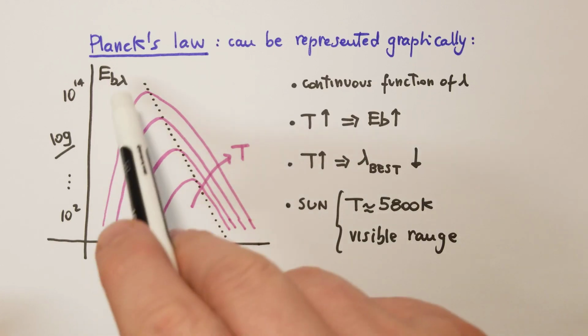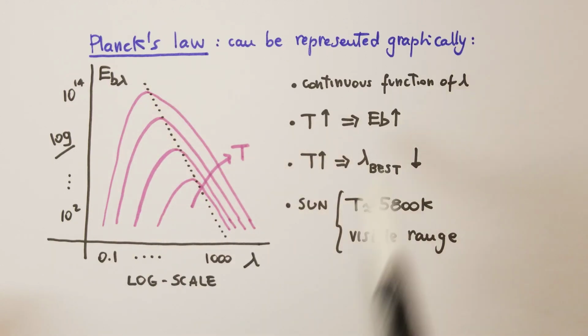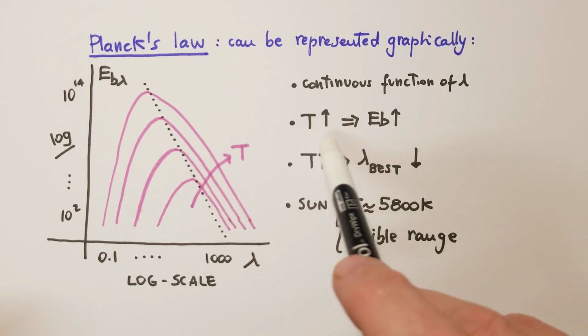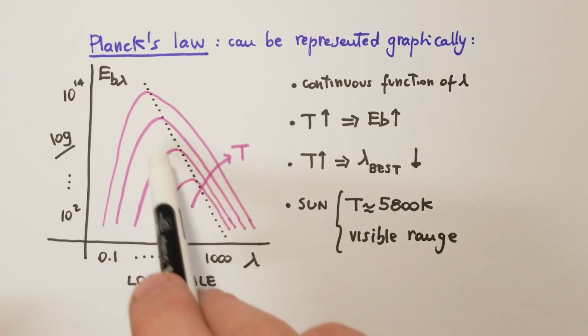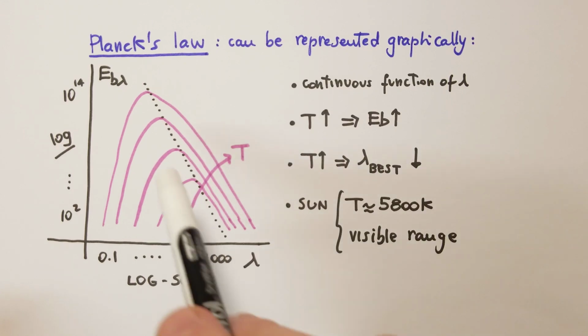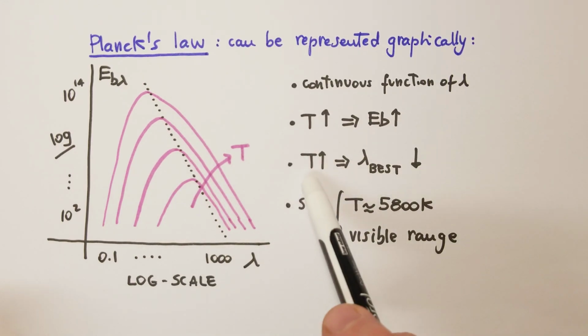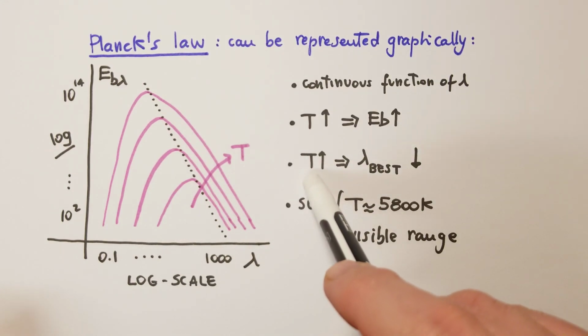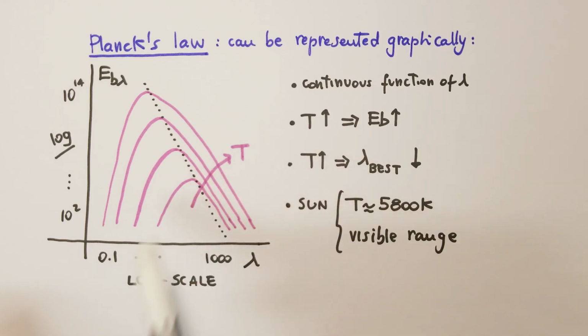We can see that the distribution is a continuous function of lambda. If the temperature is increased, then the emissive power is increased. Another property of this distribution is that if the temperature of the surface is increased, then the best lambda, which is the lambda at which there is maximal power emitted, decreases.